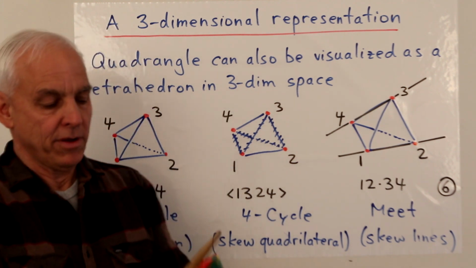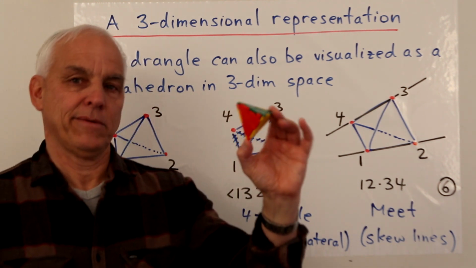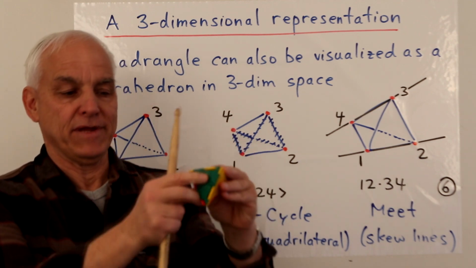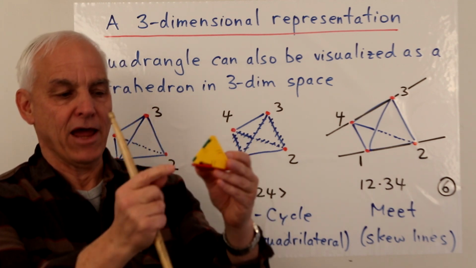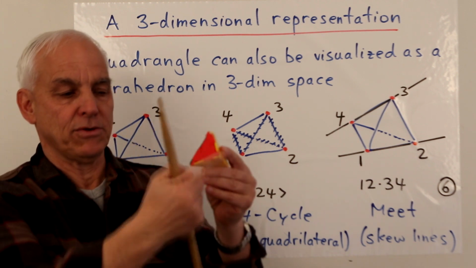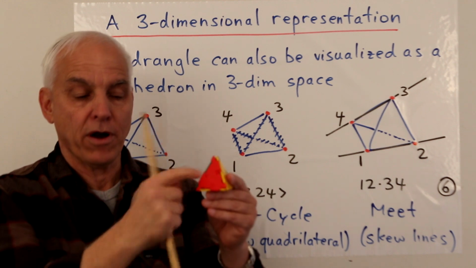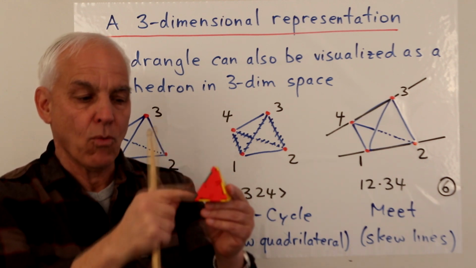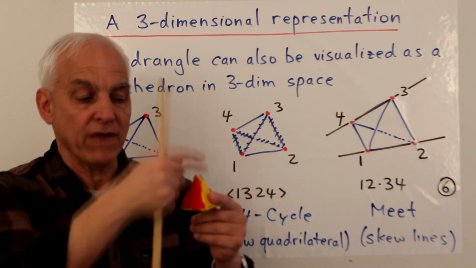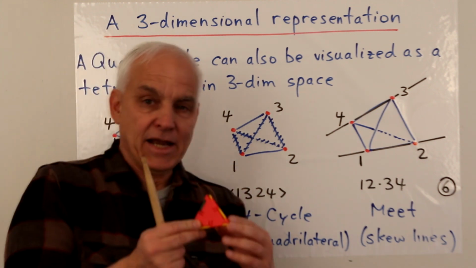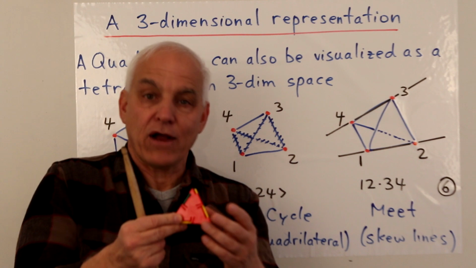For example, here is a tetrahedron. This is actually a regular tetrahedron made out of equilateral triangles. It has 4 vertices, it has 4 faces, and it has 1, 2, 3, 4, 5, 6 edges. So this is another way of thinking about what a quadrangle is.